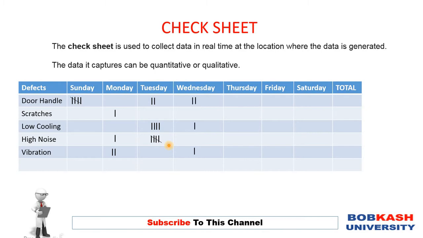Similarly, he will fill all this, so he stands on Wednesday, he finds this defect, and so on. He fills all this table. So each line corresponds to 1 defect. Similarly, we add up all this and we find out there are 14 door handle defects in the week. There are 3 scratch defects in the week.